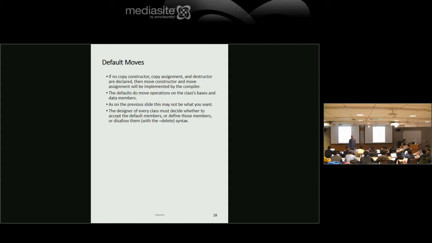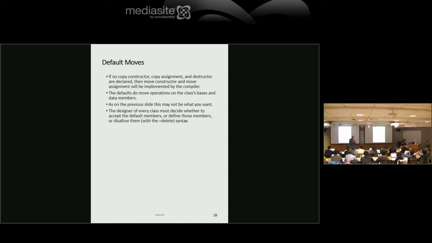And when the compiler generates them, it's just member-wise. So let's suppose I construct some object of this class that I'm building. I haven't provided any constructors, but I have data members and I have bases, and now I return it out of this function by value. Now, that's a temporary, because as soon as I leave that function, it's going away.